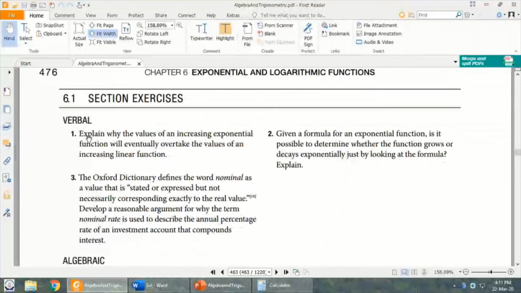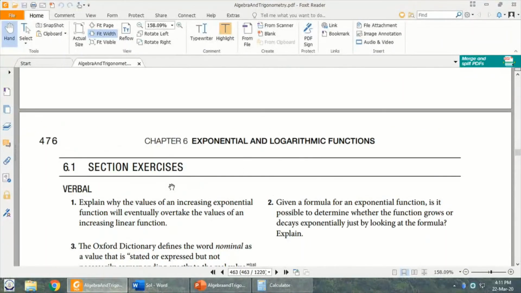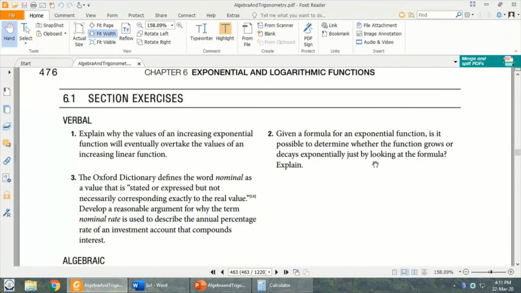Now, first of all, they're asking you to explain. This is the verbal section, point 1, page 476. It says: explain why the values of an increasing exponential function will eventually overtake the values of an increasing linear function. I already explained the answer.